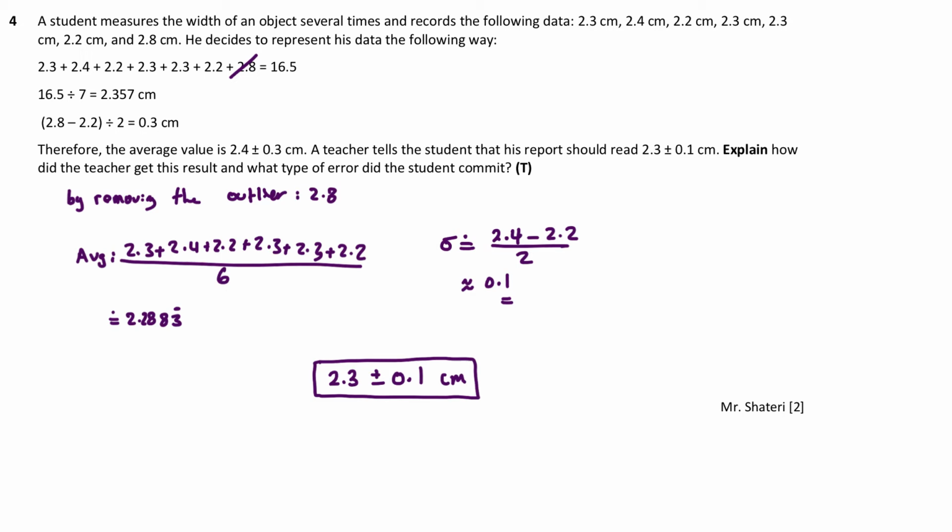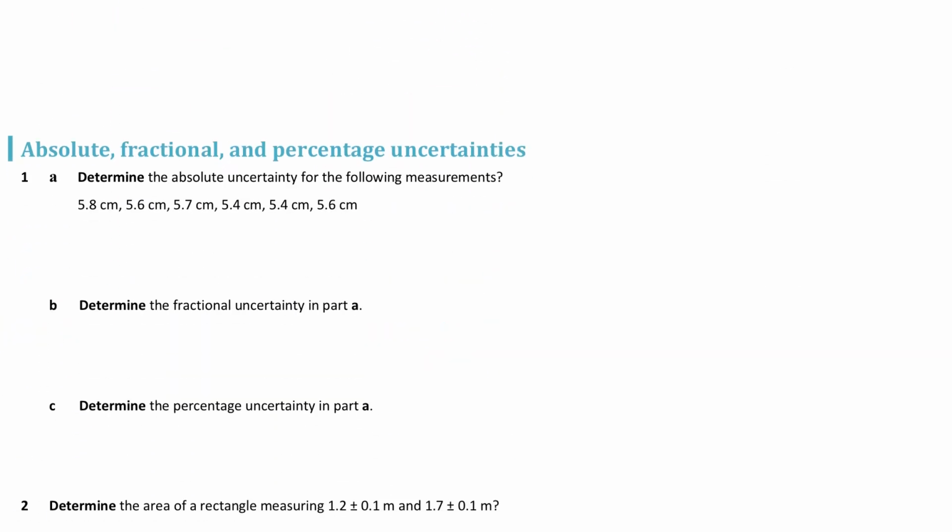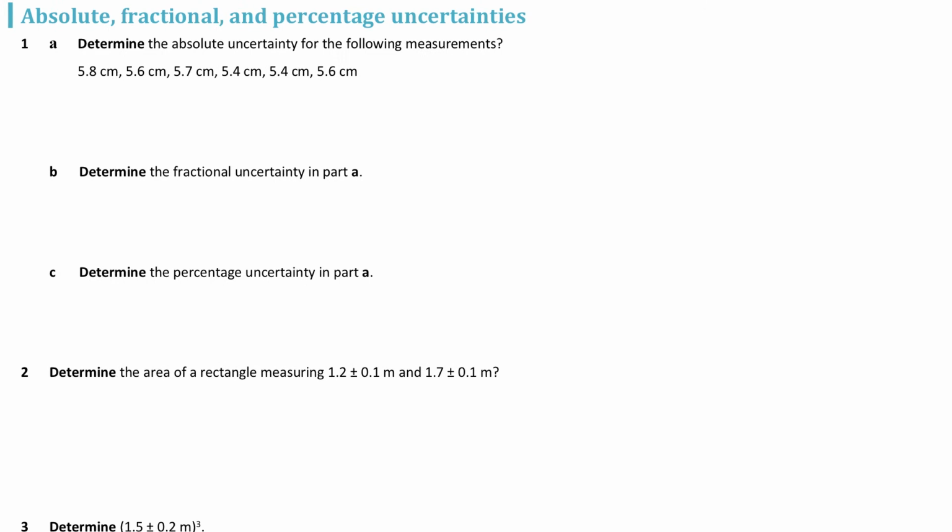All right, okay. Let's move on to absolute, fractional, and percentage uncertainty. Determine the absolute uncertainty for the following measurement. So this is very similar to the last set of questions, so we'll do that.